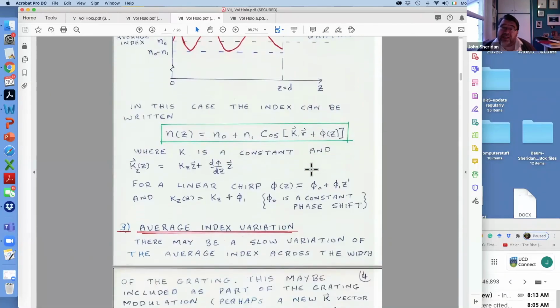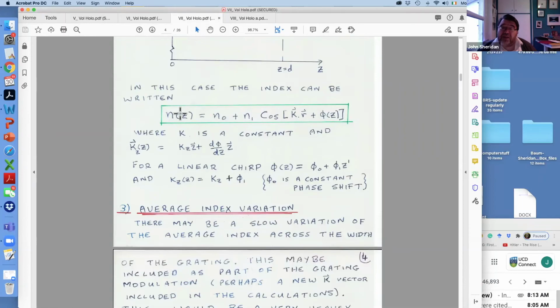In this case, the index can be written as follows. So we have N of Z is the average, plus the modulation, which is constant, times a cosine of K dot R. And this K here, we could imagine as the DC, or the average grating vector value. And then we have a phase term here, and that phase term is taking account of the fact that our period is varying. We have a relationship between the phi and the grating.